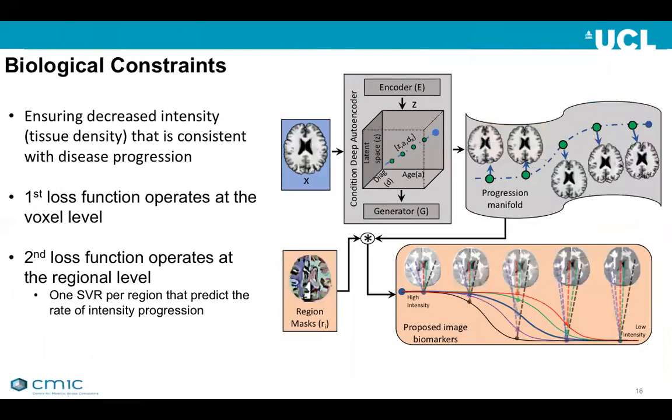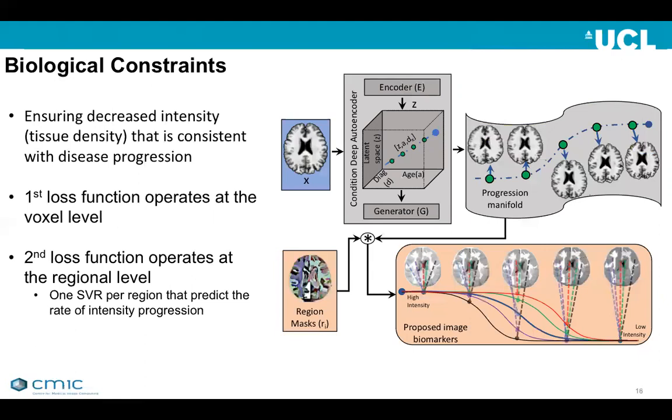Mainly, we developed two functions for this biological constraint. The first function operates at voxel level, and the second function operates at region level. And the idea is to train a region-based support vector regressor that tries to predict the rate of intensity progression that, as you can see from the graph, should be monotonically decreasing.